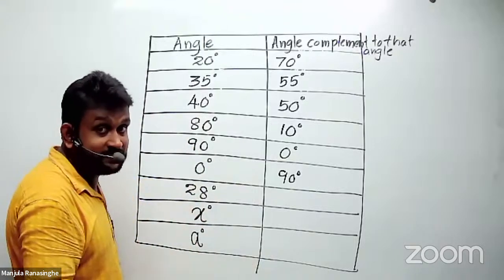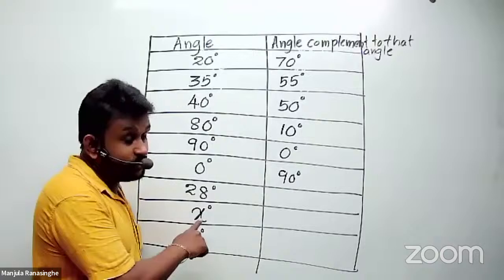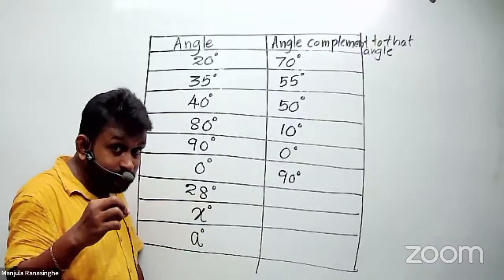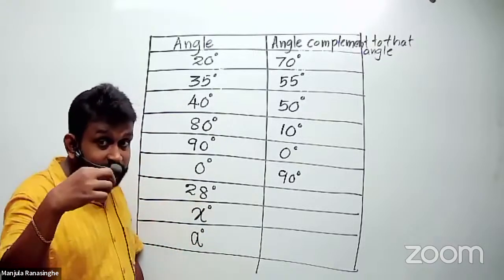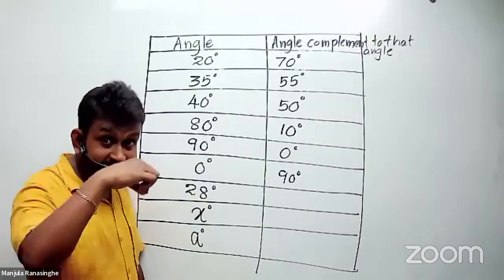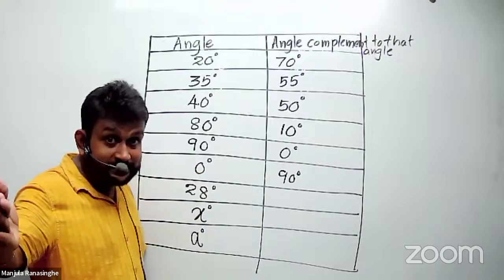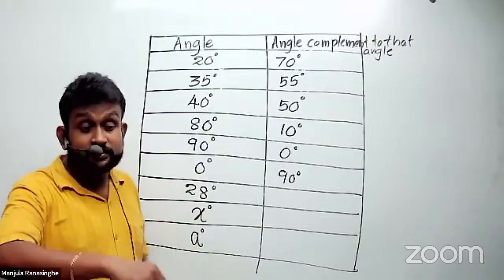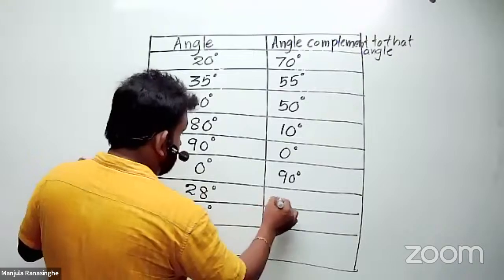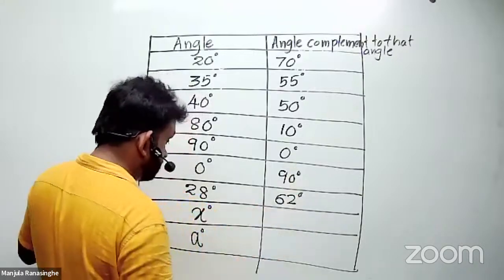How much? 62 degree. We can do it without subtracting: from 28, like the shopkeeper gives us balance, add 2 to get 30, and from 30 to 90 is 60. So 62. Likewise, you can calculate without doing the subtraction.